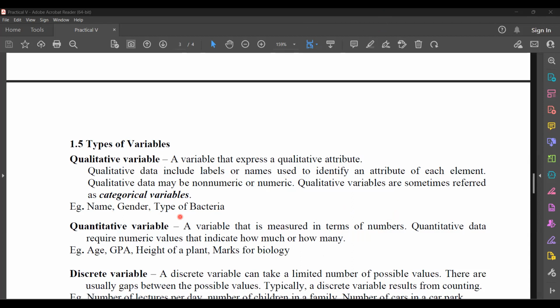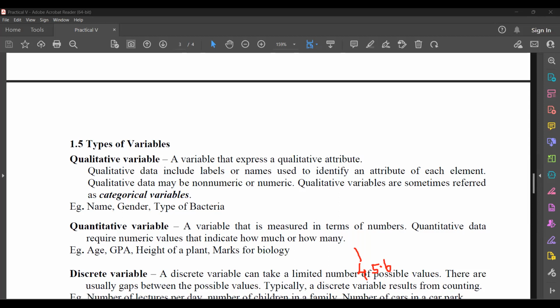If we consider two values, let's say 45 and 46, can you assume a value like 45.6? Is it a possible value for the variable weight? It is possible, right? And in between 45 and 46, you can assume an infinite number of possible values.